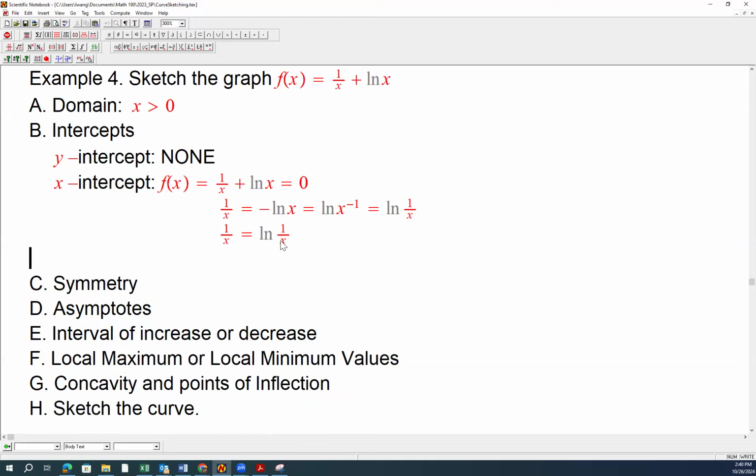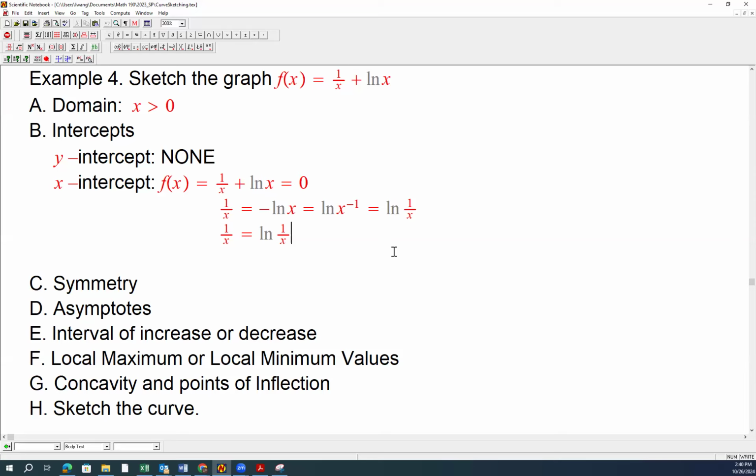And this solution, that x has to be positive, doesn't have a solution, right? If there is a solution, what would it be?